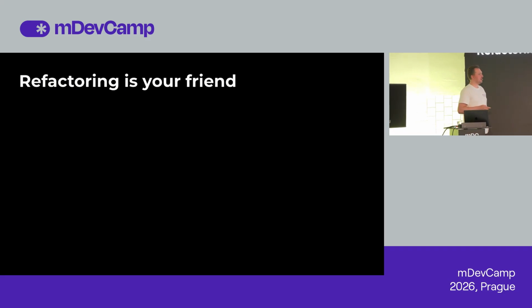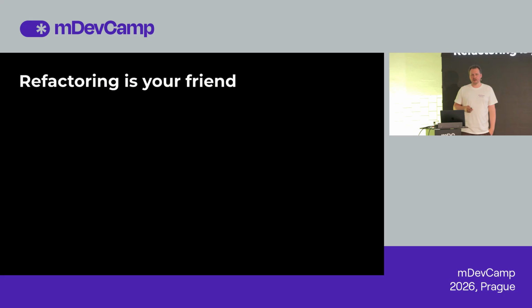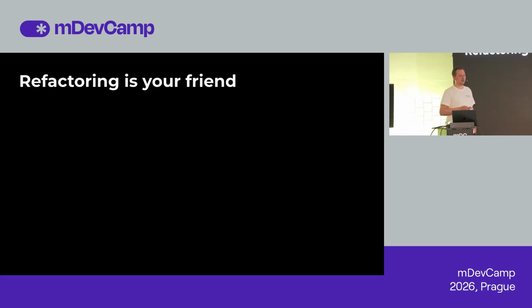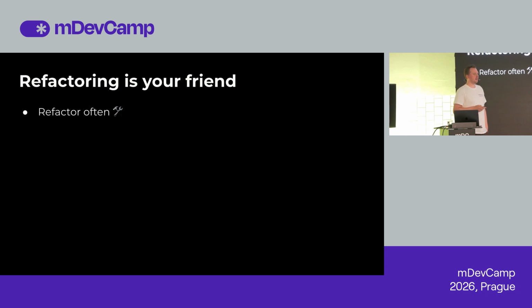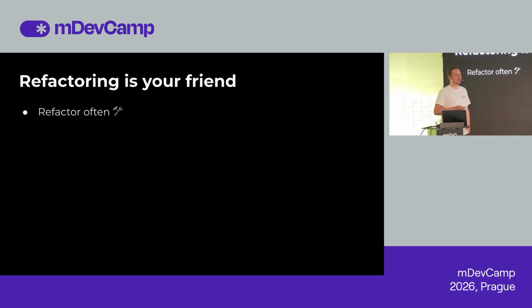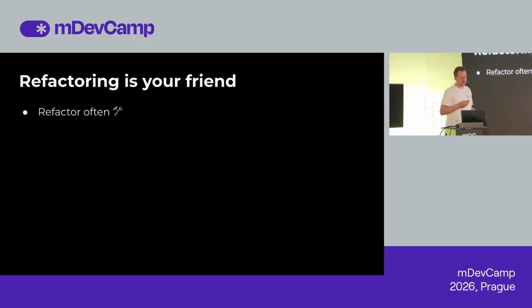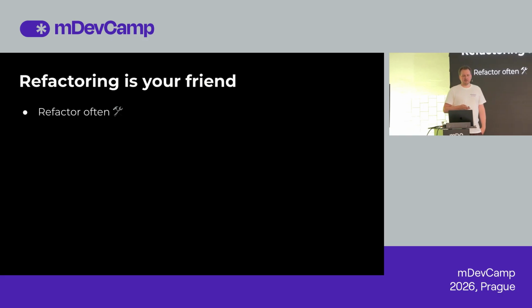Okay, so that was about modularization, and now something about refactoring. In any project, even in new code, not just in a legacy code base, you should refactor often. This should be your basic developer skill. It should not be something only senior developers do. Refactoring is your friend.